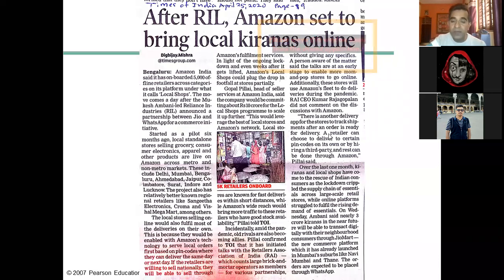So when an order is placed, let us say in Dharwad, there is a Virendra Dressland or Oswal. These are the two leading ready-made garment retailers in Dharwad.